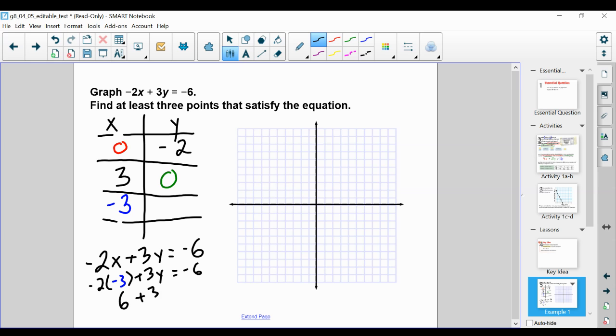Positive 6 plus 3y is equal to -6. We're going to subtract 6 on both sides. That cancels out. We're left with 3y is equal to -12. We divide by 3 on both sides. Huzzah! We get that y is equal to -4.